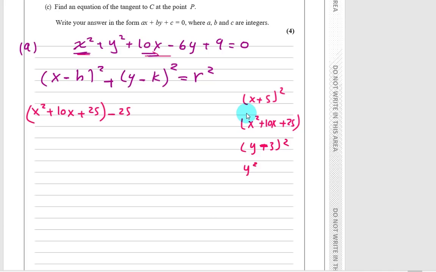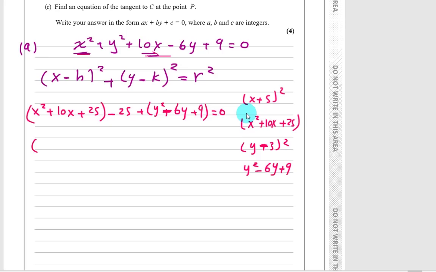So y squared minus 6y plus 9. So I can add now plus y squared minus 6y plus 9 equal to 0.